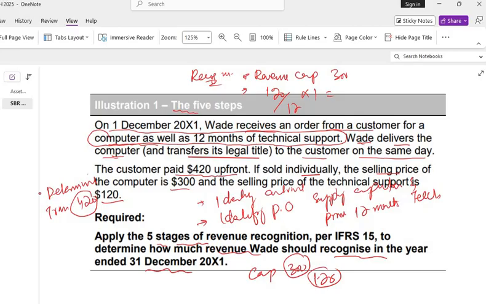If you divide this, you will get $10. This will be recorded at 31st December 2001. This means that the computer amount of 300 is recognized at delivery on 1st December 2001, because it was delivered the same day. And the technical support of $10 is recognized over time, $10 recognized in December. The remaining will be recognized in the upcoming months.